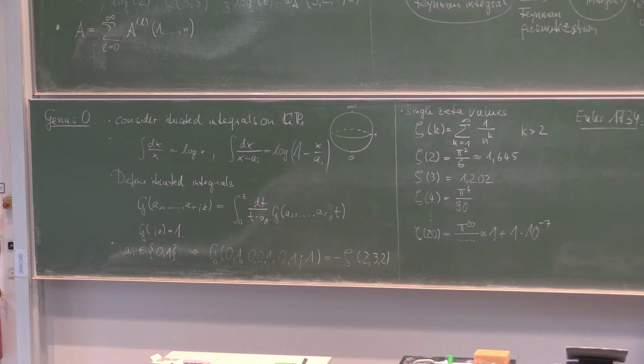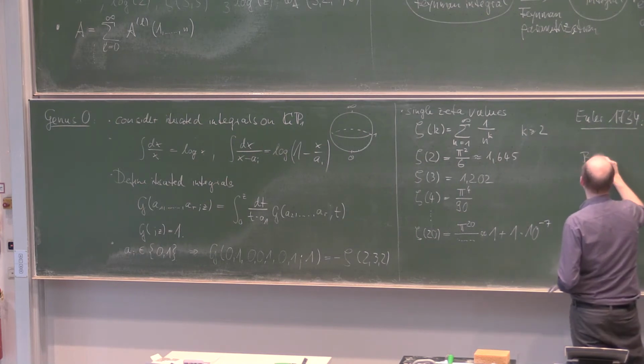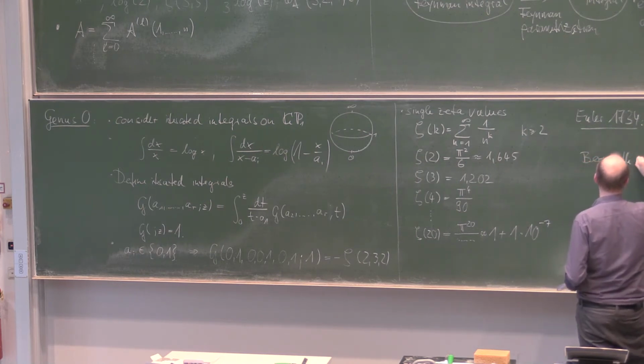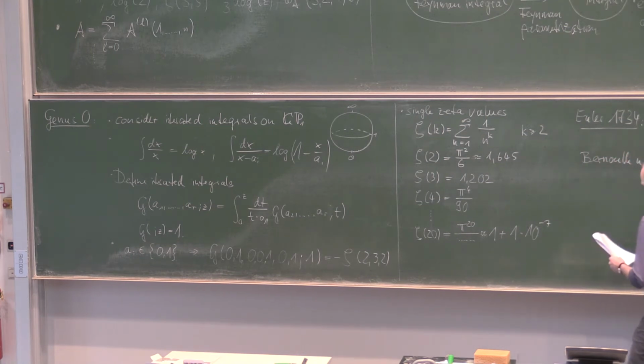Yes, the upper one is the 2 pi i to the 2k. Thanks.